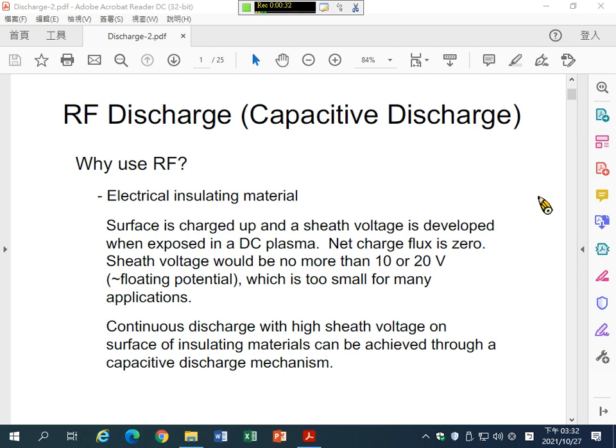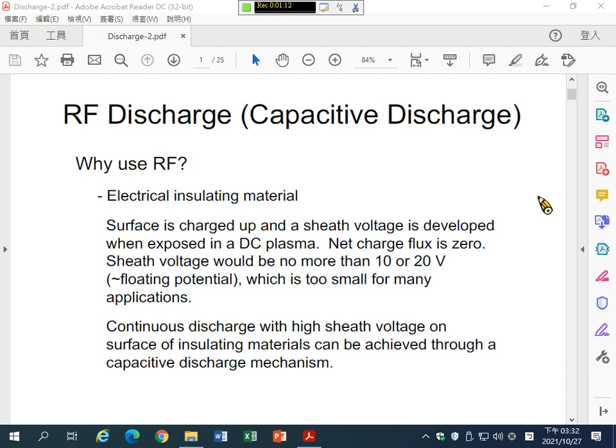Okay, so the first important thing is that if we have placed an insulating material, an insulating substrate, in a plasma system, when the substrate touches plasma, it will automatically form a sheath voltage on the surface of the substrate, or a potential difference between the plasma volume and the substrate surface.